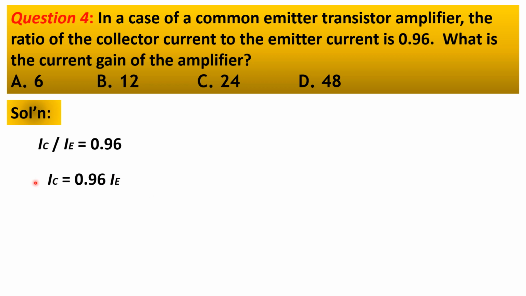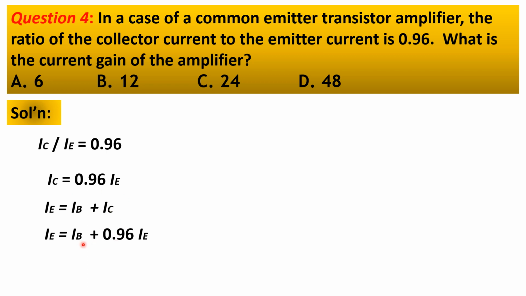So that means if we transpose this equation, we have IC being equal to 0.96 multiplied by IE. And we also have the formula for finding IE, which is the base current plus the collector current. Since we already expressed IC as 0.96 IE, we just substitute that here.